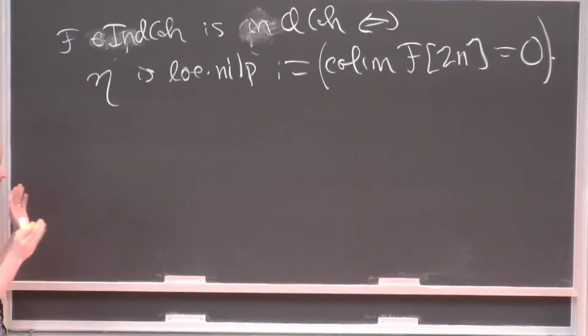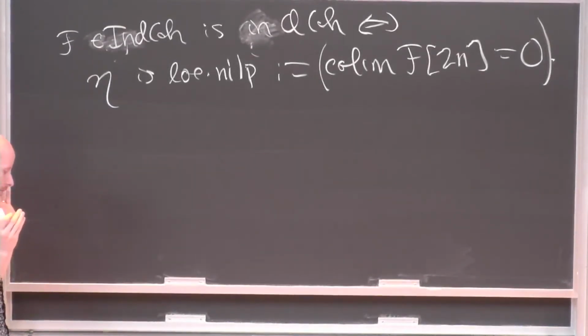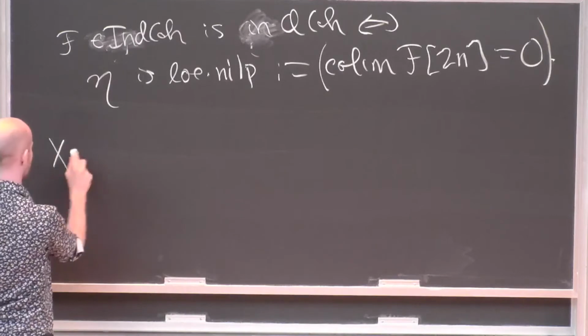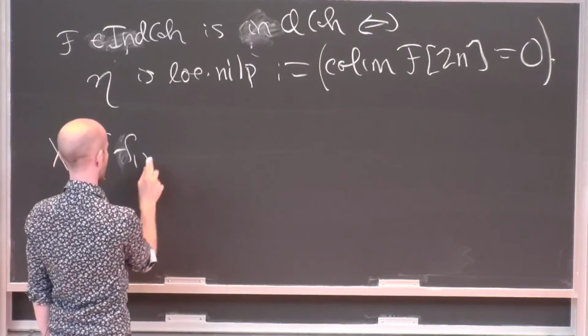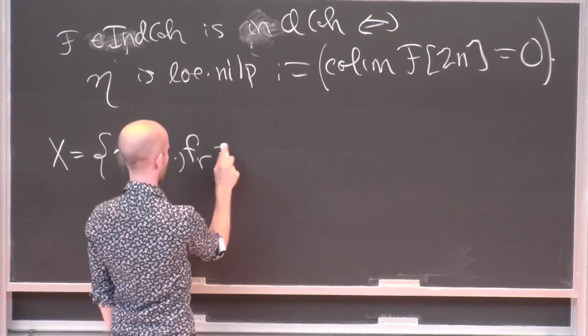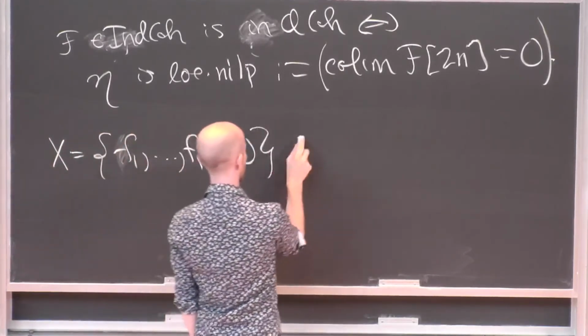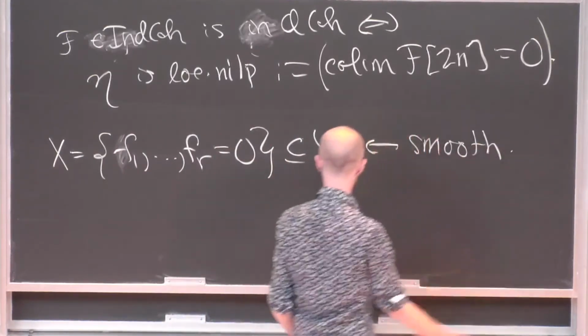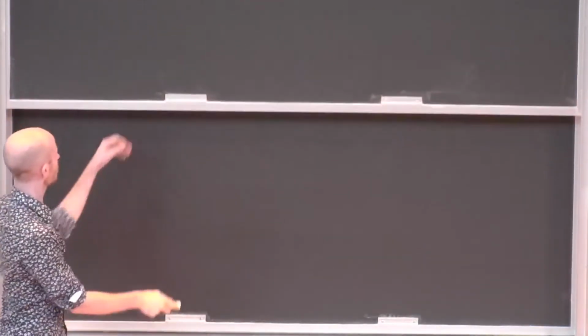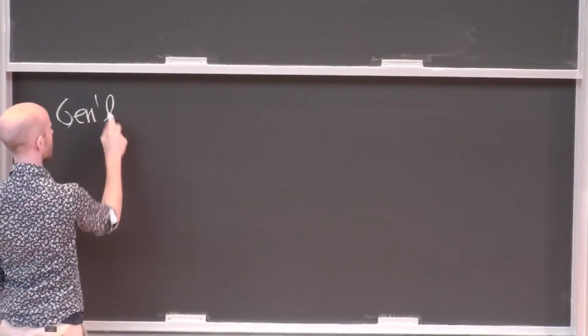So now I want to give a more general setup. First, I'm going to generalize this just a little tiny bit. Let me suppose that X is equal to the vanishing locus of several functions, f1 up to fr equal to 0 inside of Y, which, again, continues to be smooth. This is a generalization of last time.